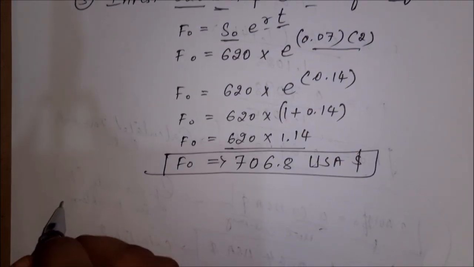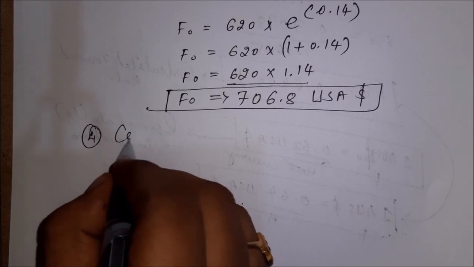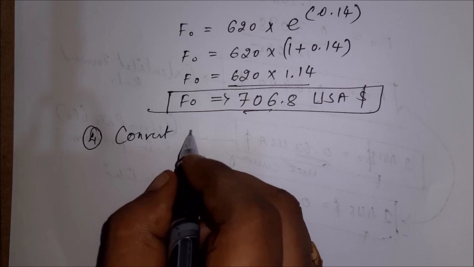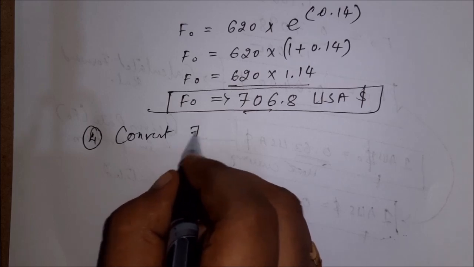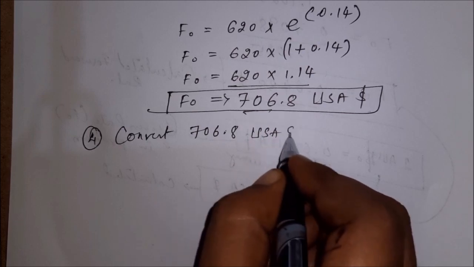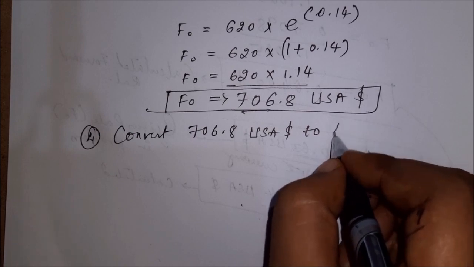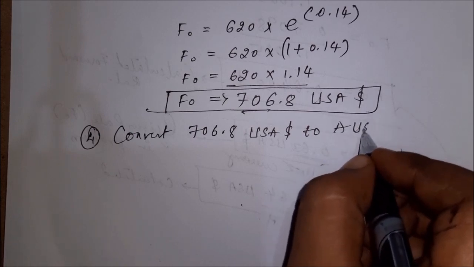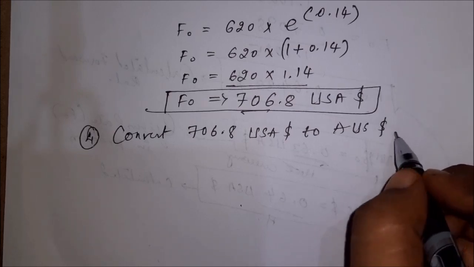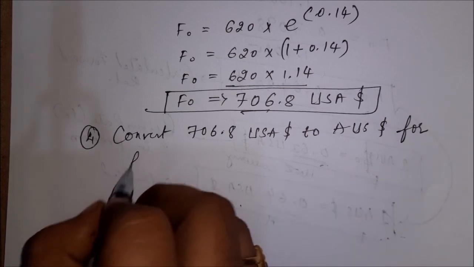Now again we have to convert this 706.8 USA dollar to Australian dollar, and we have to convert with the forward exchange rate that is given in the problem.